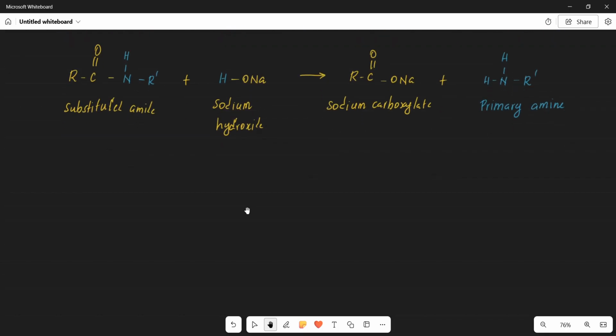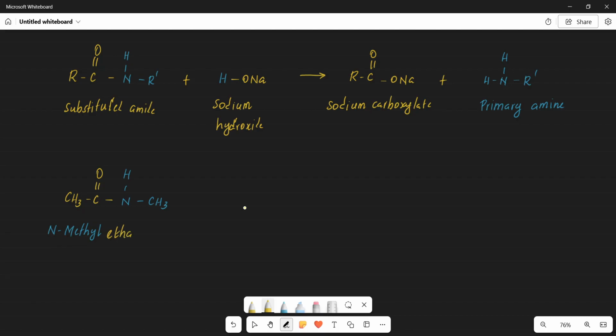Let me take a proper example, which is CH3C double bond O NH, let's say CH3. This is N-methylethanamide.